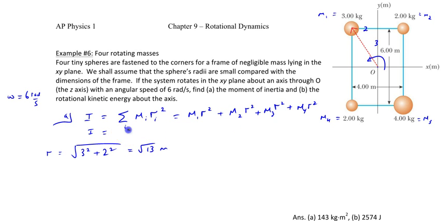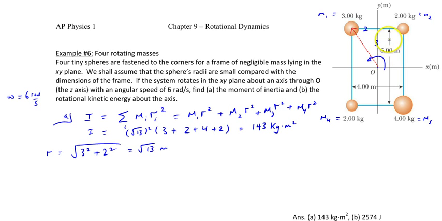So it's going to be root 13 quantity squared multiplied by 3 plus 2 plus 4 plus another 2. And if you calculate that in your calculator, it should come out to roughly 143 kilograms times meters squared. That's part A.